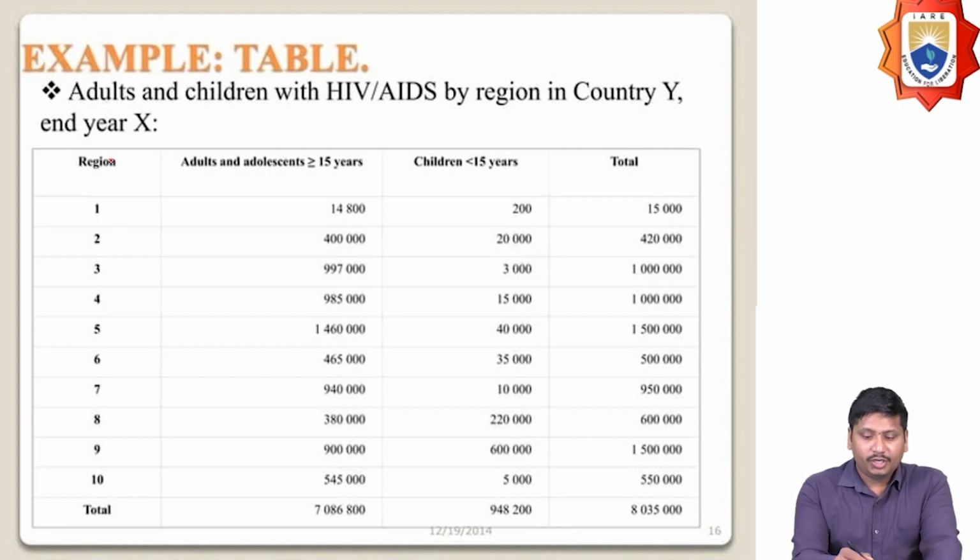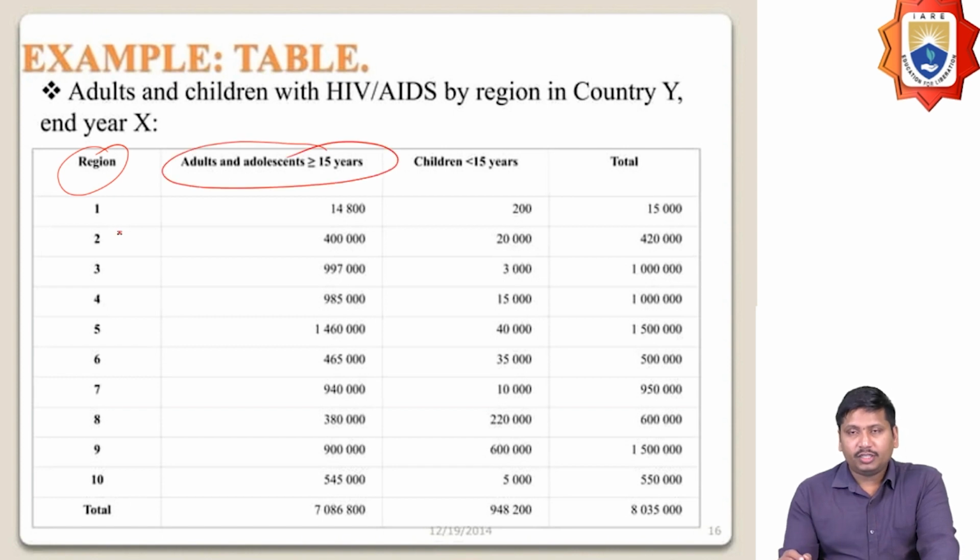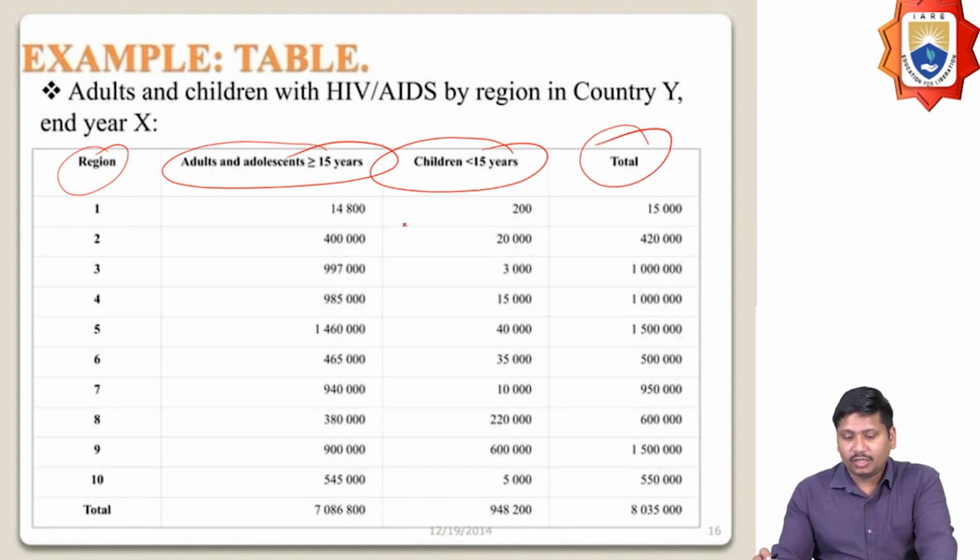So I can take it as regions, adults who are older than 15 years, and children less than 15 years, and then how many people are affected, and the total here. If I take region 1, the number of adults older than 15 years is 14,800 people.